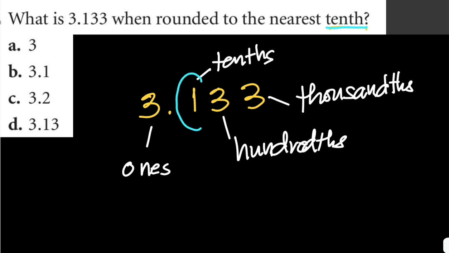So that means here, the digit 1. So we just have to cut this number short to reduce this number to 3.1, because we cannot round up 1 since the number after 1 is 3, and 3 is not greater than nor equal to 5. Therefore, the answer here is letter B.